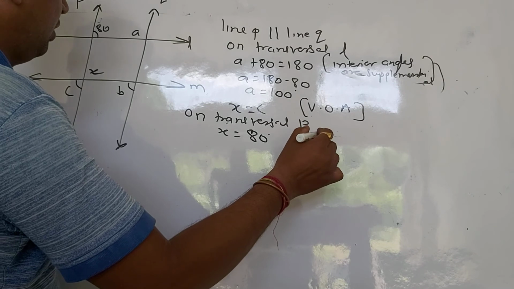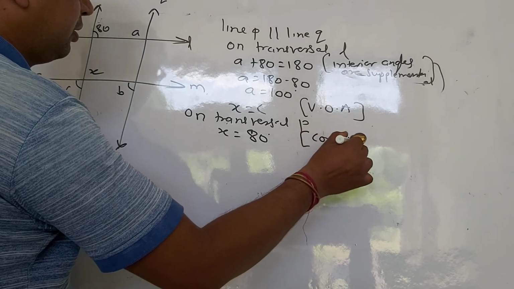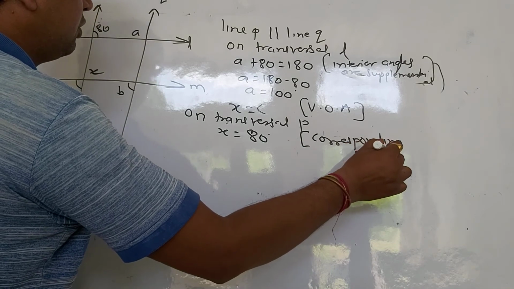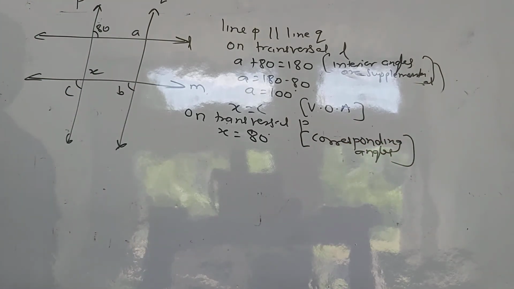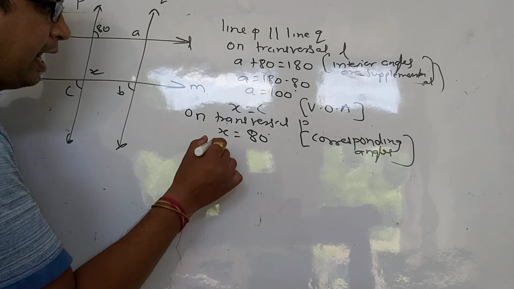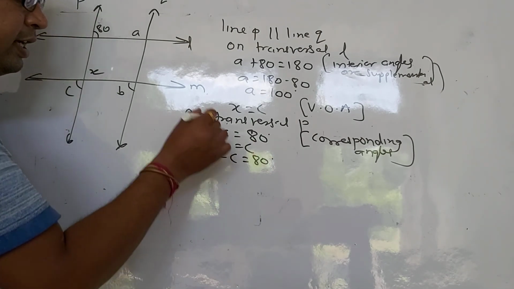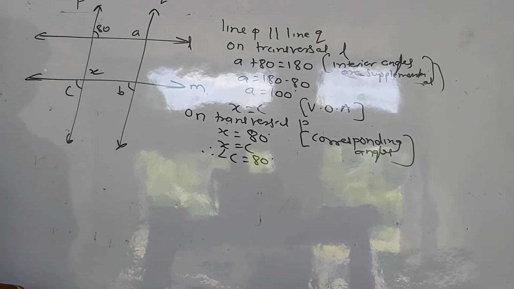Reason you can give corresponding angles, as these both are corresponding angles here. So as x is equal to C, therefore angle C is equal to 80 degrees. As x we got 80, so C is also 80.